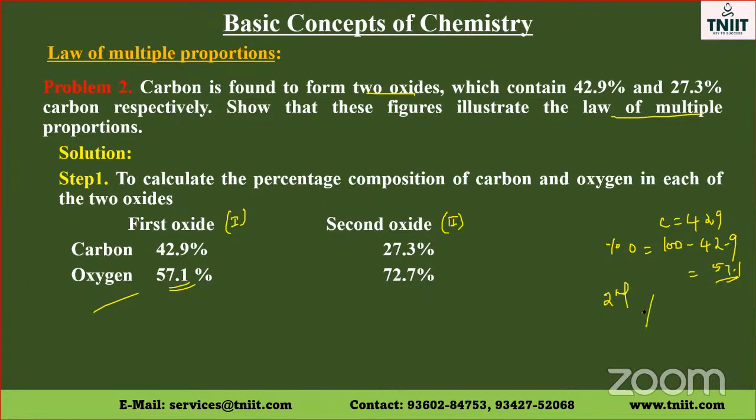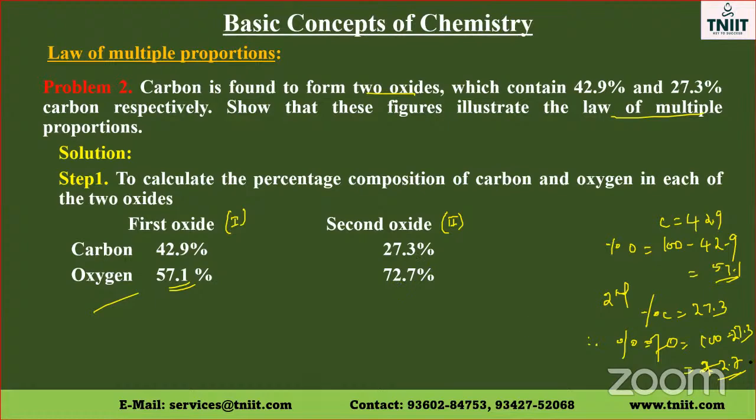Therefore, the percentage of oxygen will be 100 minus 27.3, which is 72.7. Since the question says 27.3% carbon, the rest will be oxygen.